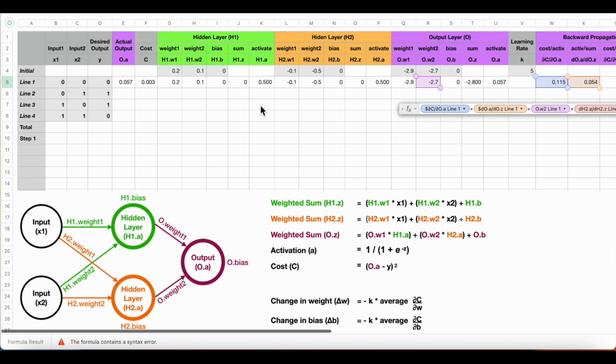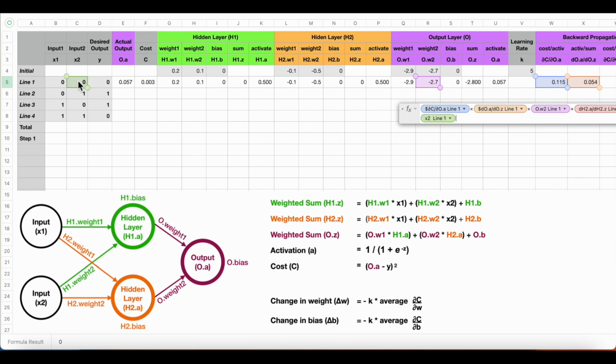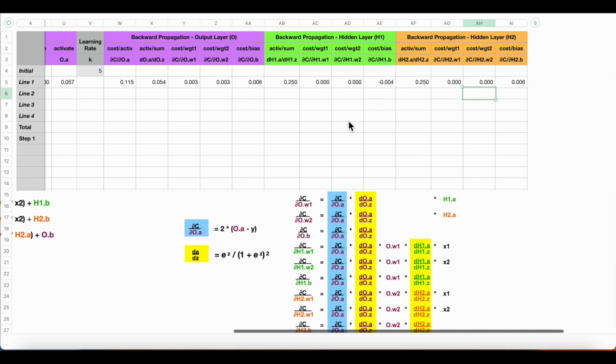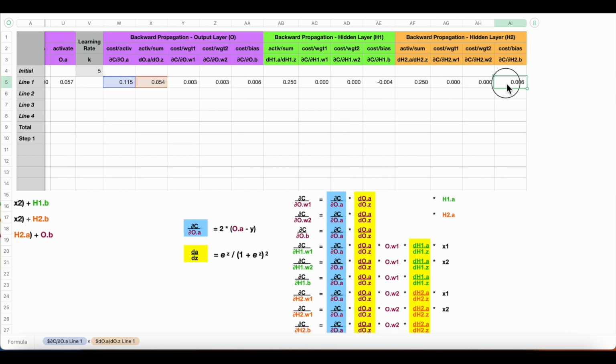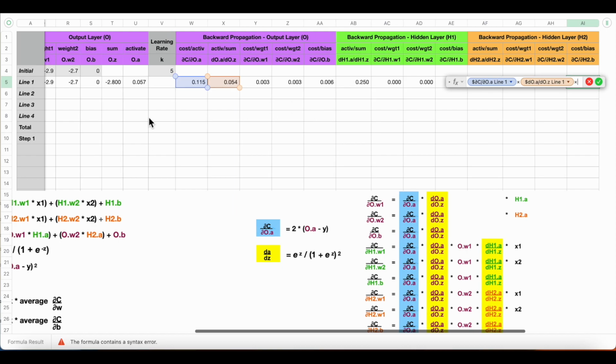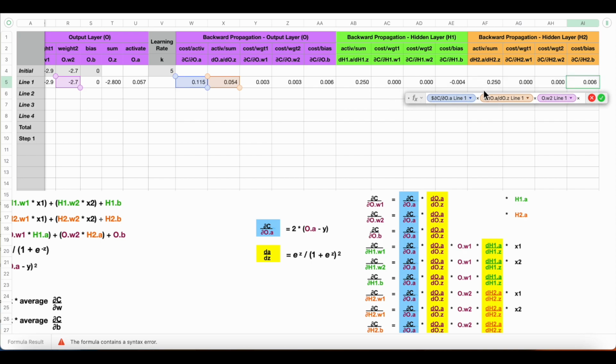And then multiply that times x2. And then for the bias, we'll multiply that times output weight 2 times the derivative of h2a with respect to z.